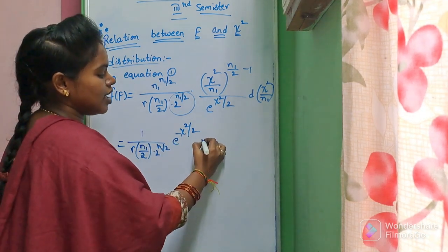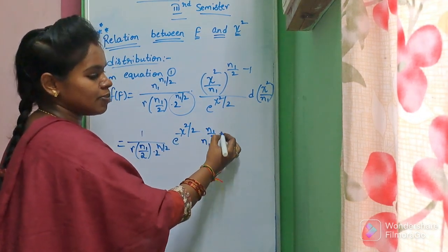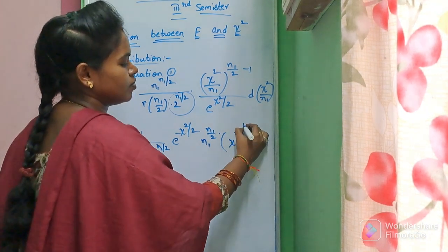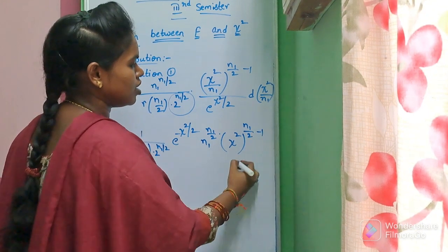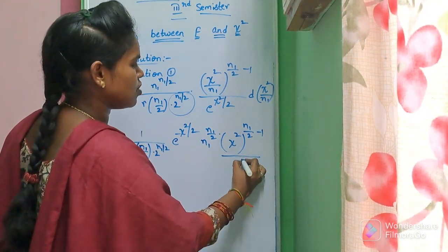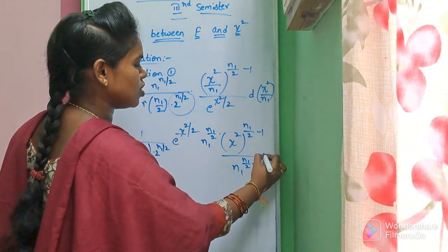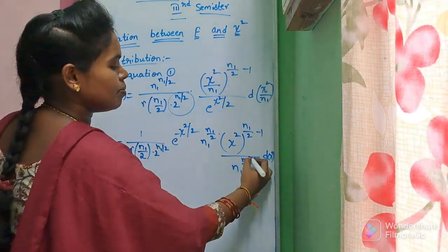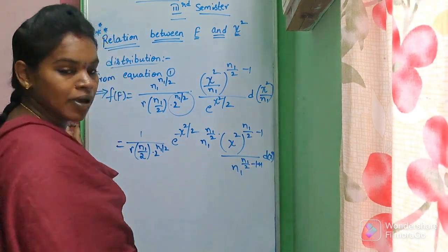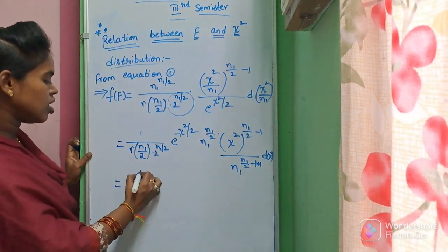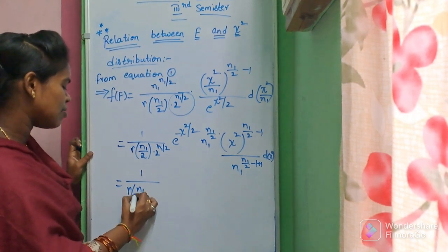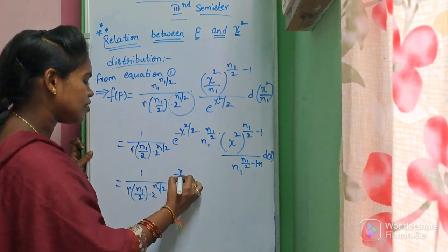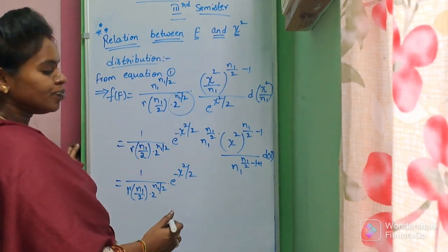Now we can write it as n1 power n1 by 2 into chi square power n1 by 2 minus 1 by n1 power n1 by 2 minus 1 into d of chi square by n1, which moves as power 1. This is our plus 1. Now we simplify gamma of n1 by 2 into 2 power n1 by 2 e power minus chi square by 2.